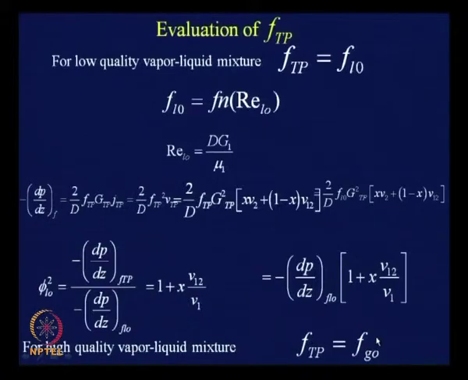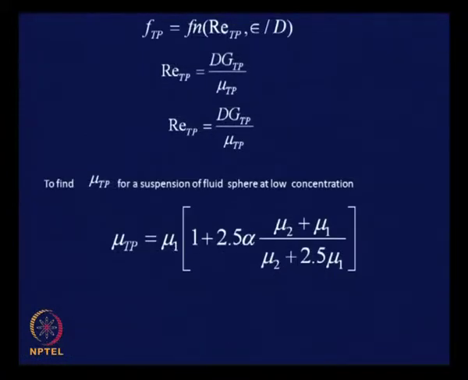If that circumstance happens, then in that particular situation usually what we do, we can write it as a function of two phase Reynolds number, where this two phase Reynolds number can be expressed as d G TP by mu TP.